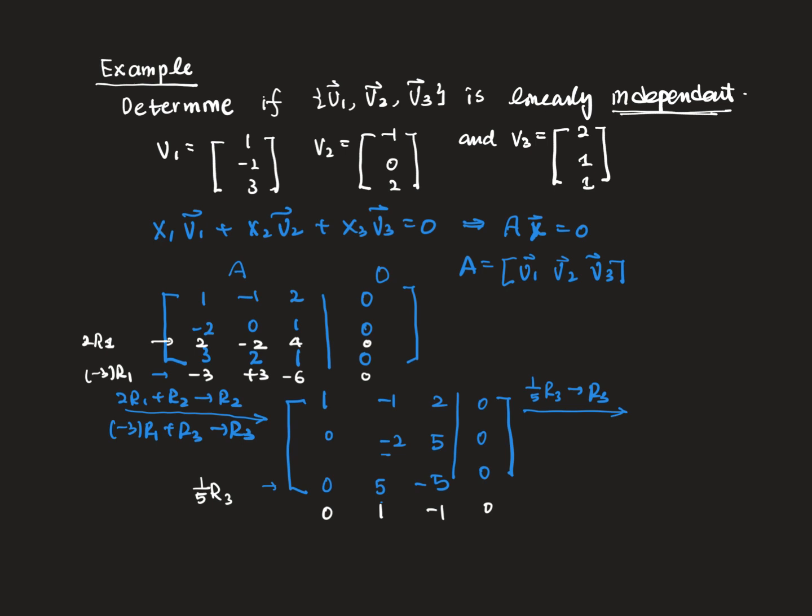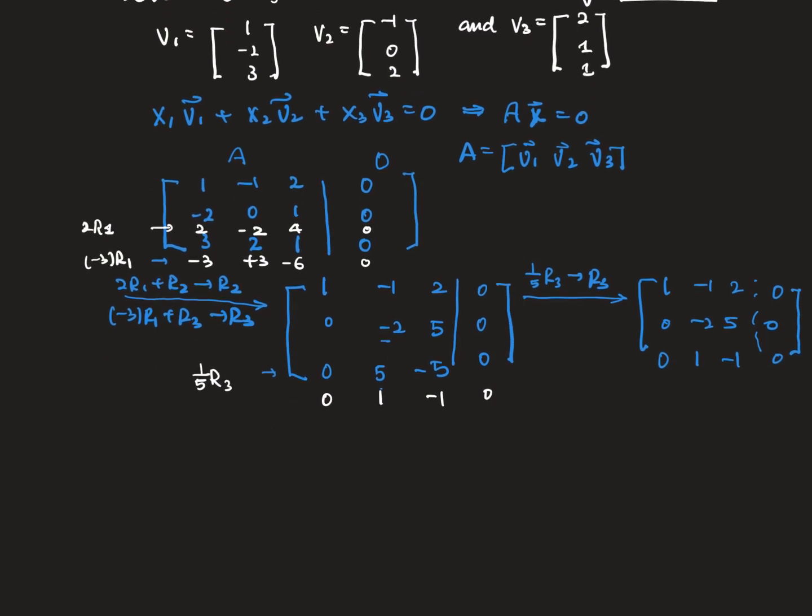This row should be the pivot, so I'm going to interchange R2 and R3. So you have 1, negative 1, 2, 0; 0, 1, negative 1, 0; and 0, negative 2, 5, 0.